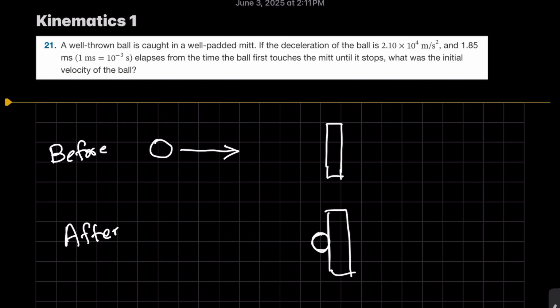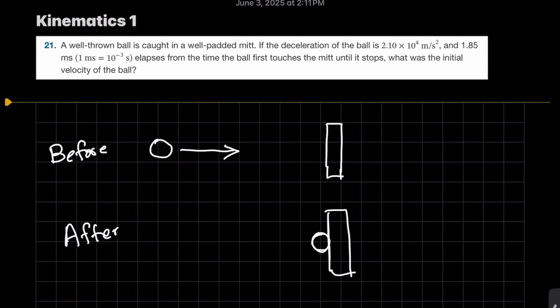So it takes the ball a certain amount of time to come to a stop, right? Okay, so we don't know what the initial velocity, or the speed, of the ball is. We don't know what the initial velocity is, so what we're going to do is try to figure this out from what's given.